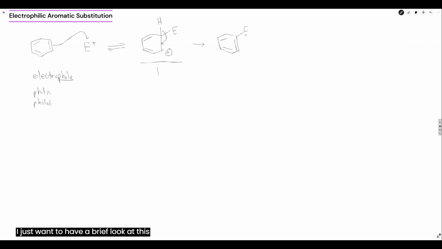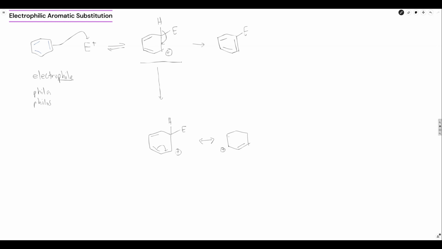I just want to have a brief look at this sigma complex. And if we consider this intermediate, we can see actually that there is some resonance stabilization here. And since there's a cation, we can draw a couple of resonance contributors. So we can draw the cation here.